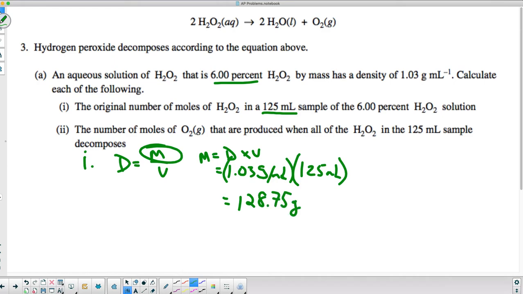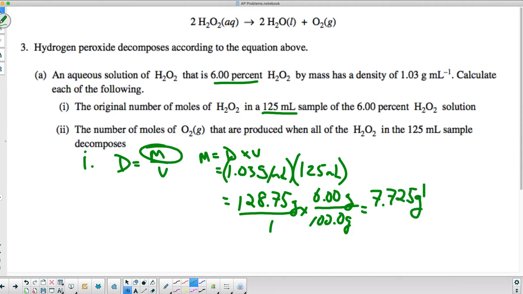That's the number of grams. I'm going to take that over 1 times 6 grams divided by 100. That gives me 6%. So times 6 divided by 100 gives me 7.725 grams. That's grams of H2O2.